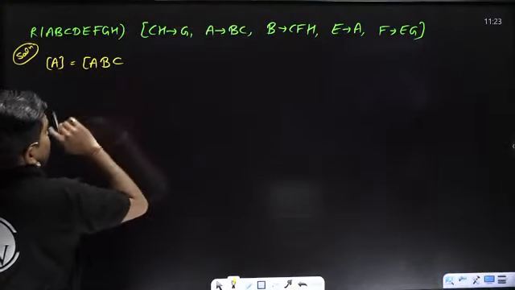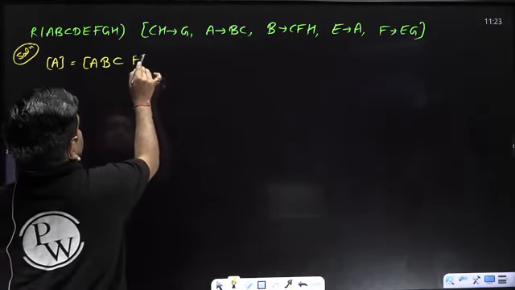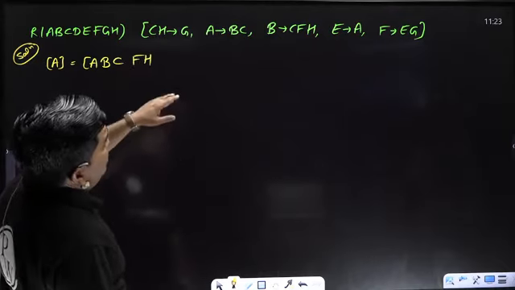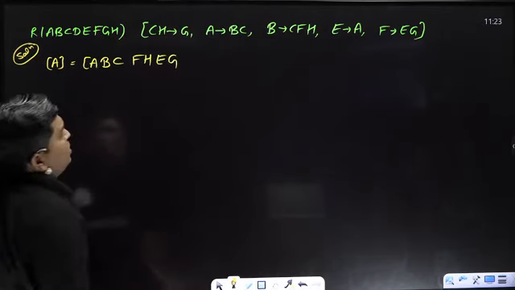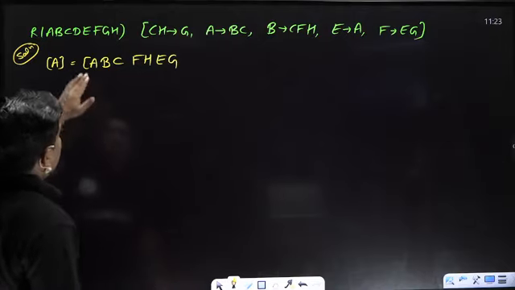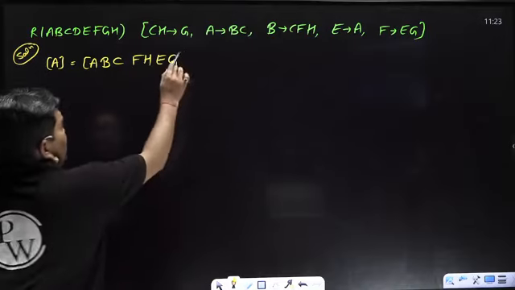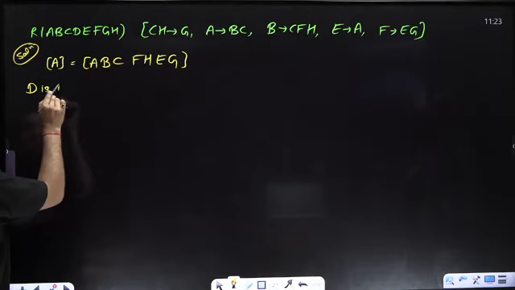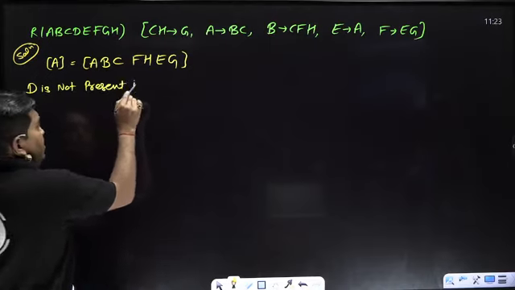When we take the closure of A, what are we getting? A, B, and B determines CFH, and F determines EG. So here you can see A, B, C, E, F, G, H. You are not getting D, because D is not present in any FD.